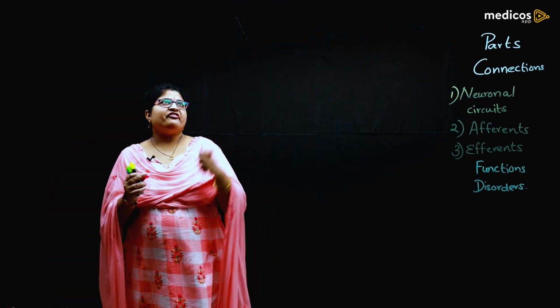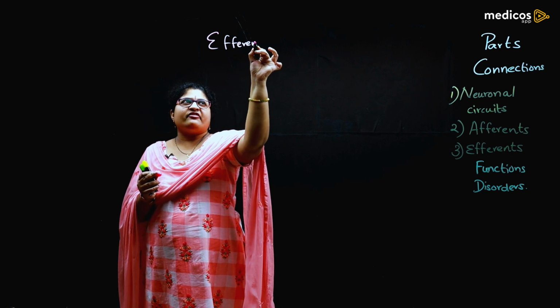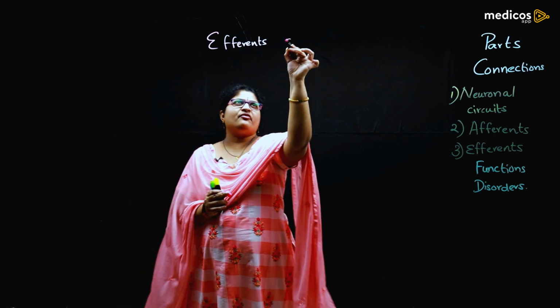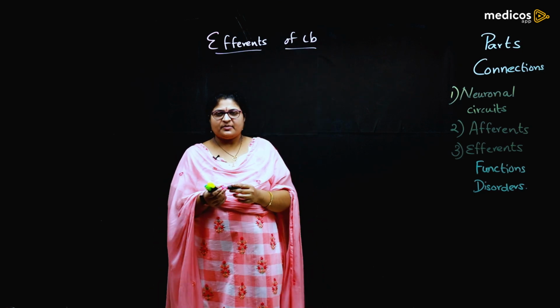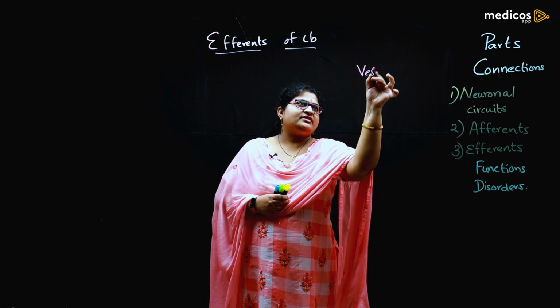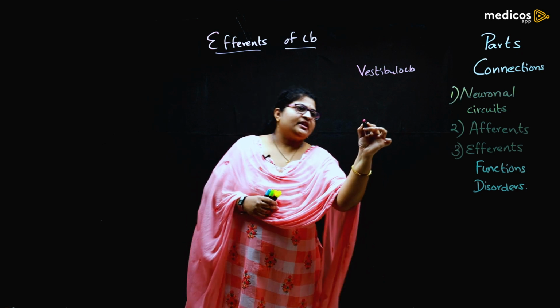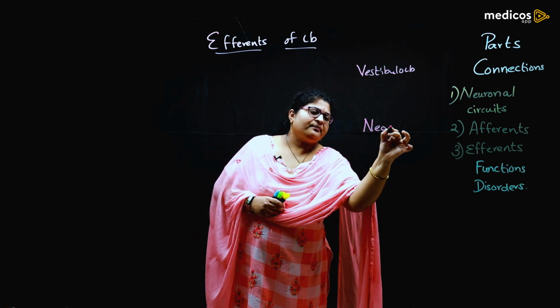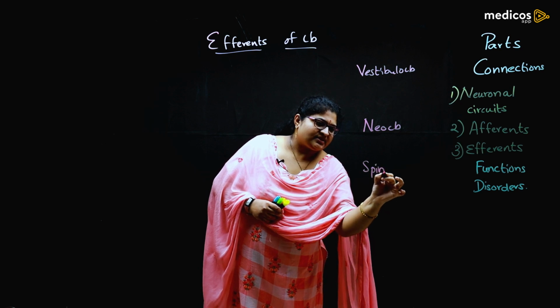Now let's see the efferent connections which are carrying information away from the cerebellum. Efferents of the cerebellum. Functionally, the cerebellum is divided into 3 areas. The first one is the vestibulocerebellum, the next one is the neocerebellum, and the third one is the spinocerebellum.